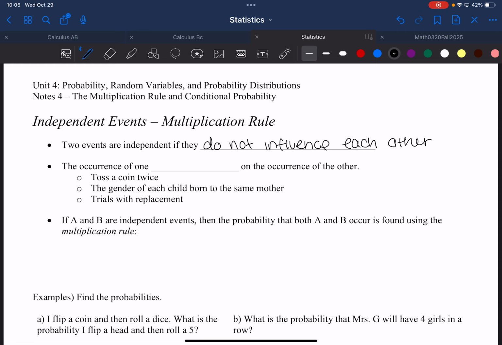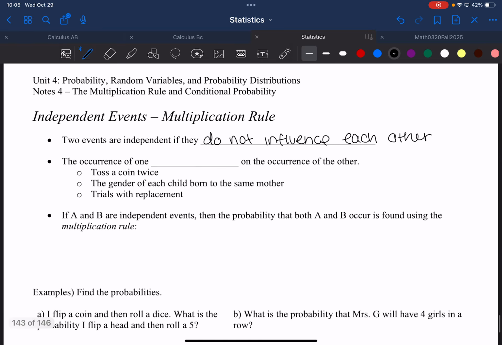So they're very similar in wording, okay? But depending on if we're using the addition rule or the multiplication rule, it differs which vocabulary we use. So it says the occurrence of one has no effect on the occurrence of the other.